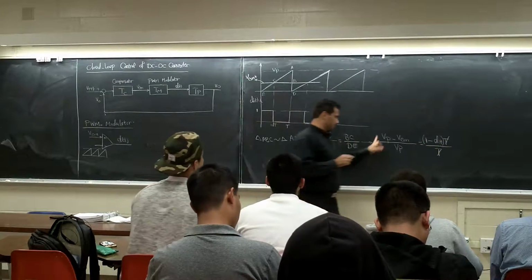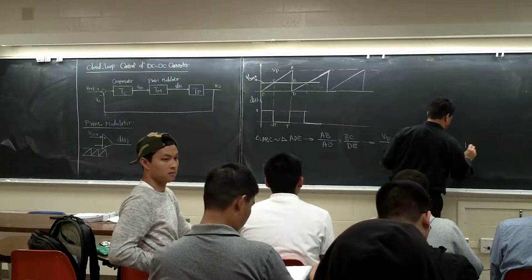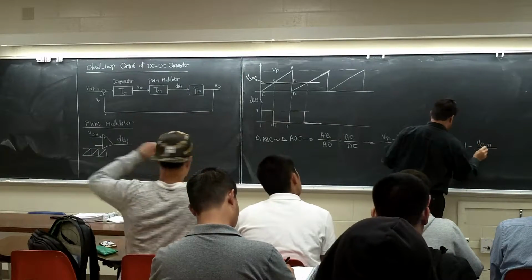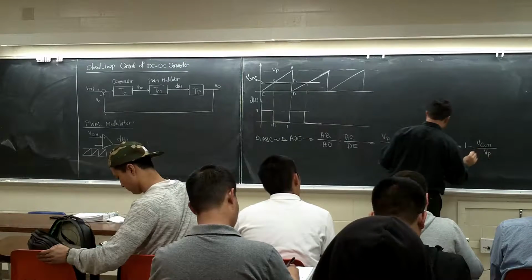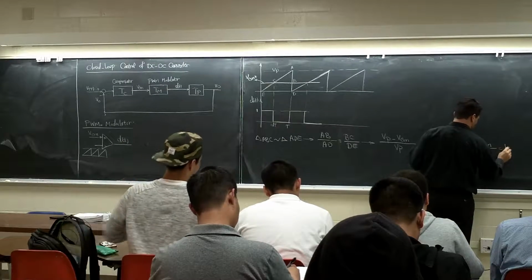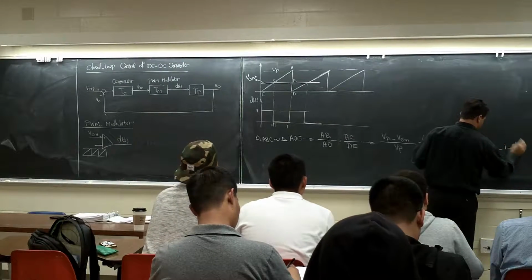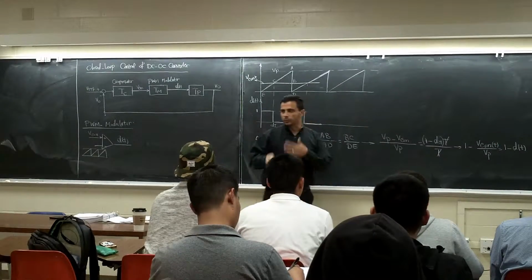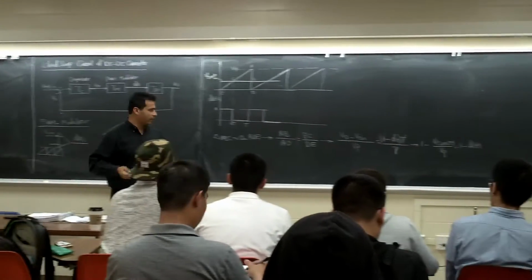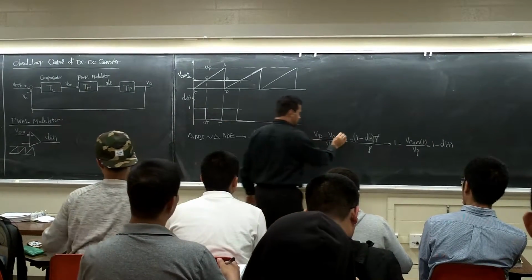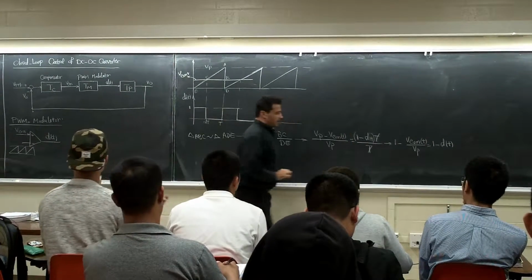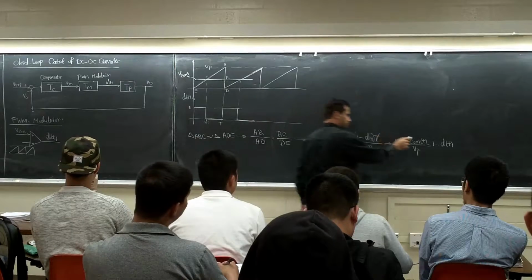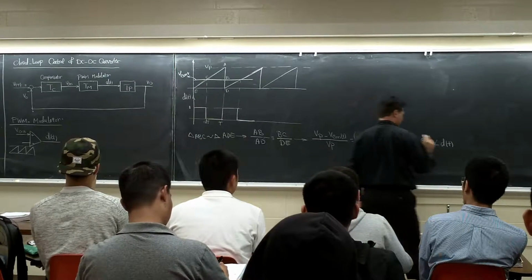So it's going to be 1 minus V control over VP is equal to 1 minus D of T. This is again, the control signal can change anytime, right? So this one is going to be like this.